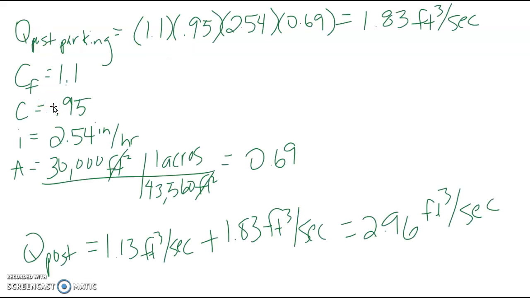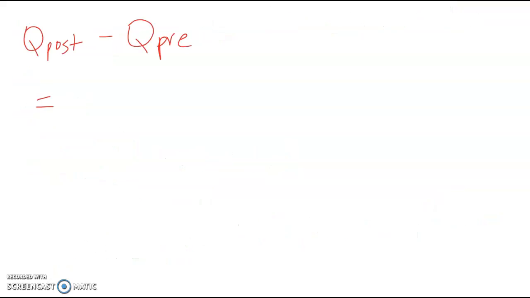Okay, so I'm going to do a new blank slide. And we're going to do our Q post minus our Q pre. So our Q post, we just calculated 2.96.